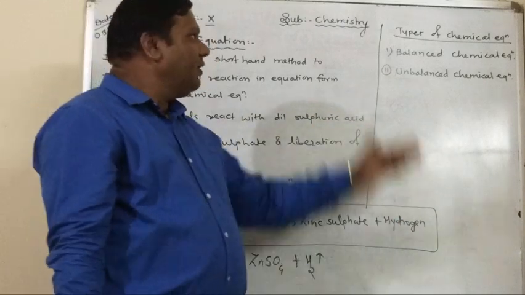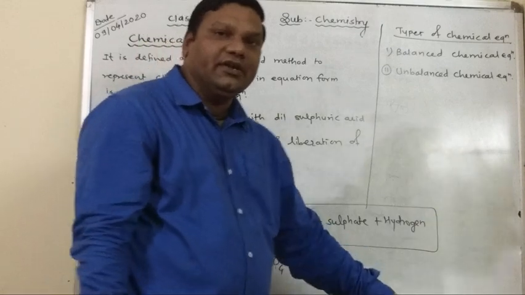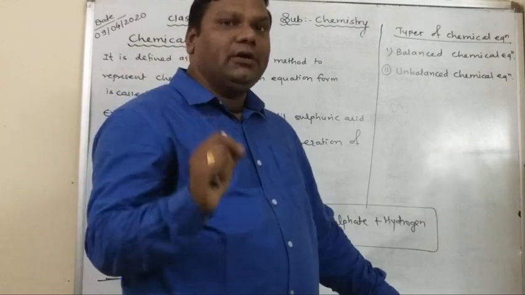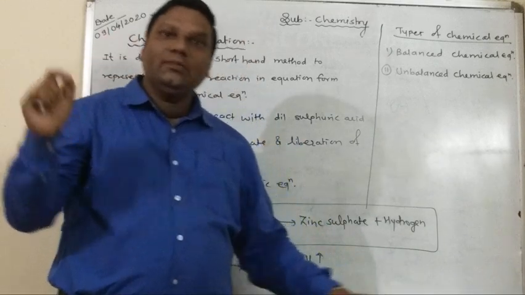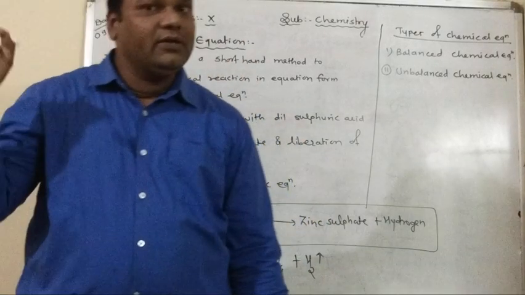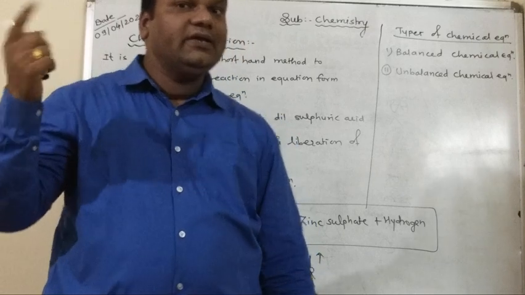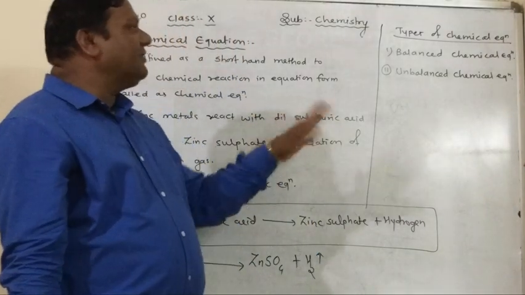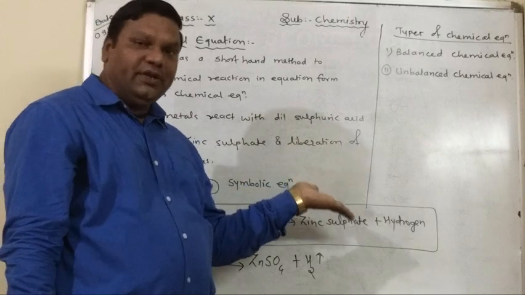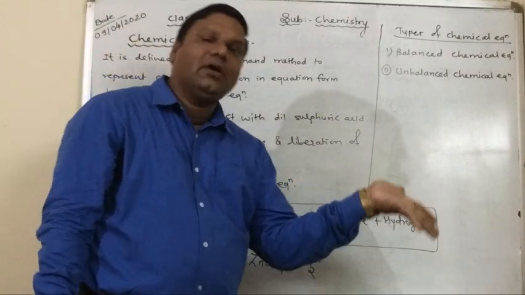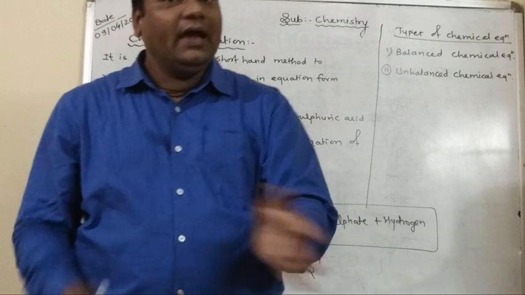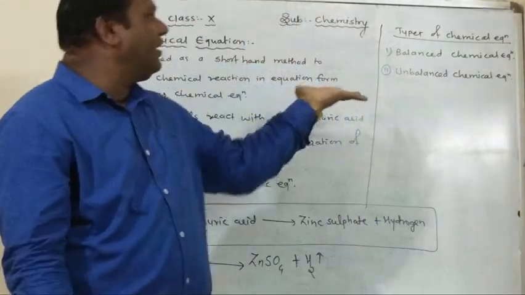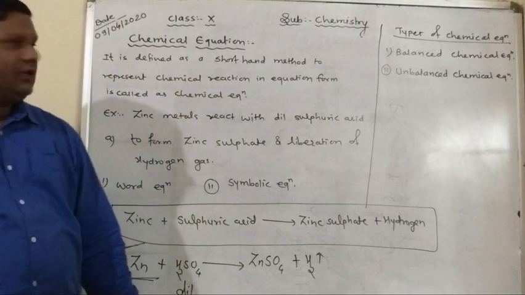Again I repeat, a balanced chemical equation has an equal number of atoms in LHS and RHS. And unbalanced is completely opposite, meaning the number of atoms in RHS and LHS are unequal, which is called an unbalanced chemical equation.